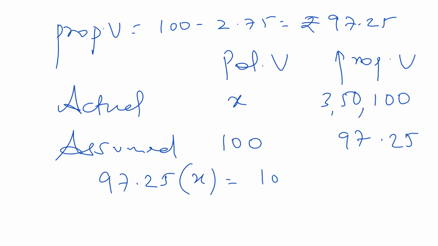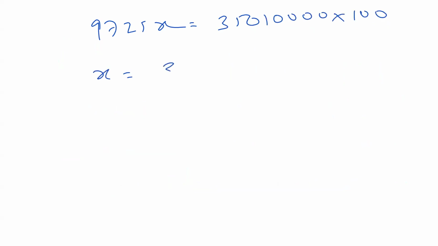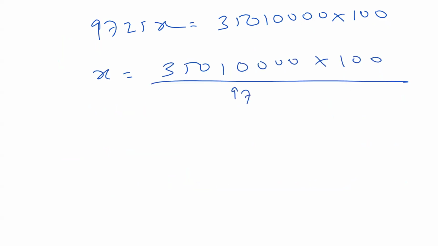97.25 into x is equal to 100 into 3,50,100. So this is 9725 upon 100 into x is equal to 3,50,000 and put two more zeros, right? Now send this 100 over to the right hand side. 9725 x is equal to 3501 into 100. So x is equal to 3501 upon 9725.